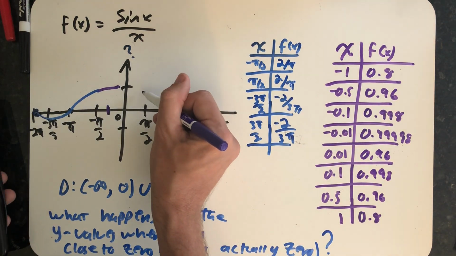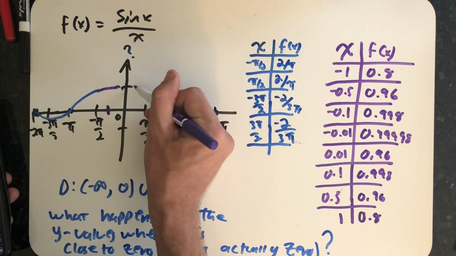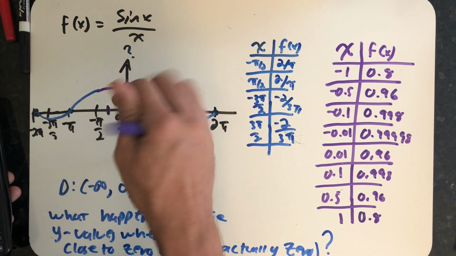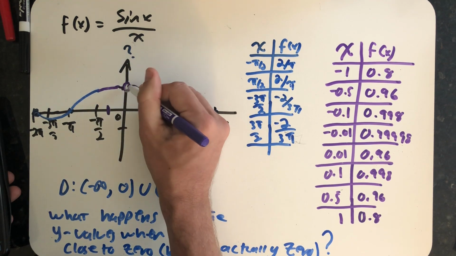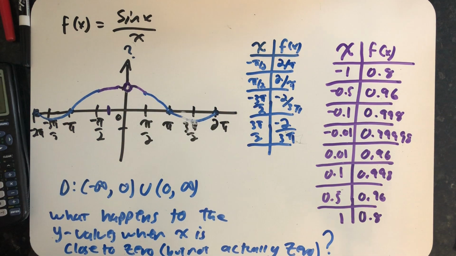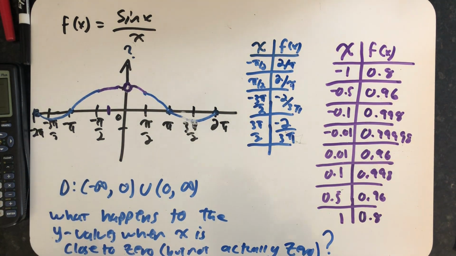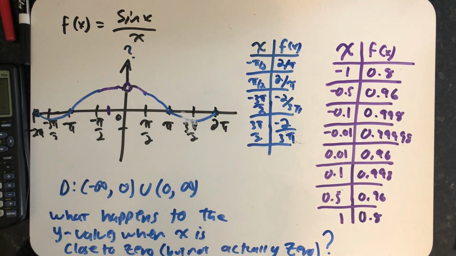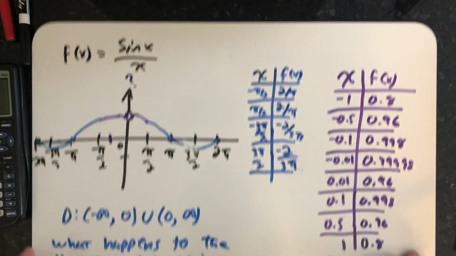So I'm just going to fill these in kind of quickly. And what I see is these would get closer and closer to 1. And if I got even closer, I think there's a hole there, just like in that last rational function. As x gets really, really close to 0 without getting there, the y values get super close to 1.